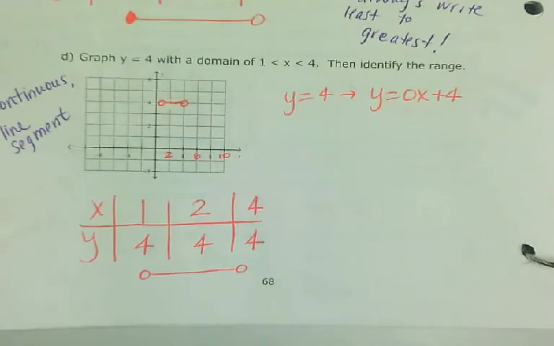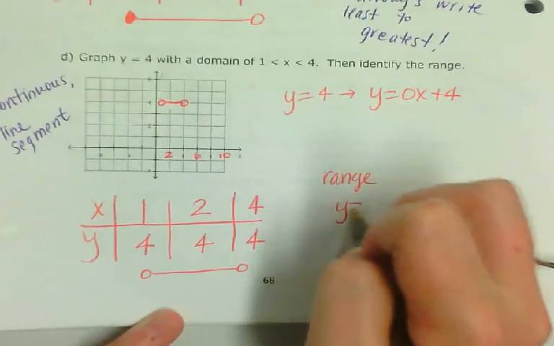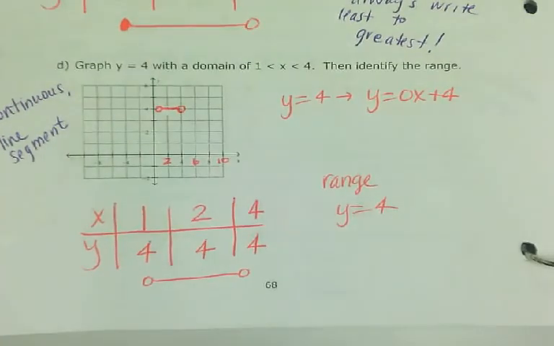Is that necessary? What is my range going to be? y equals 4. That's it. So the y value every time, no matter what the x, is going to be 4. That's it. So this is the very few case where your domain and range do not look similar.